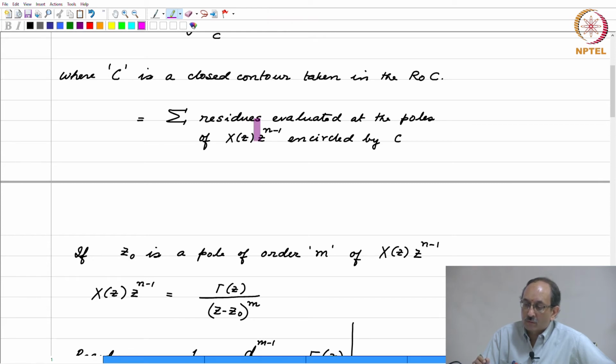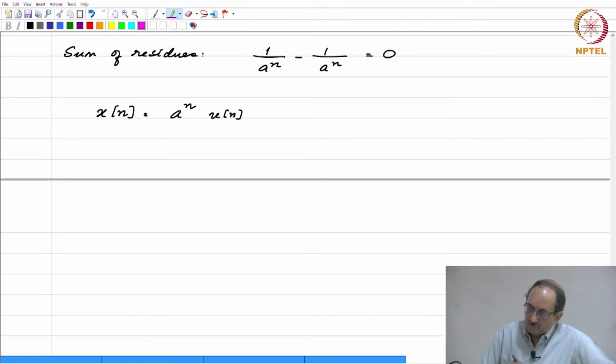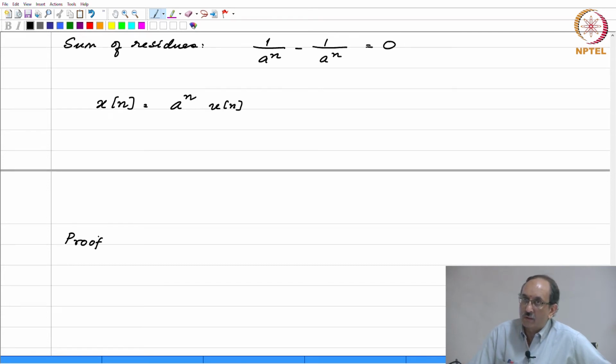Therefore, you are not really doing any contour integration, you are using the residue formula, and the residues are easy to find when x of z times z to the n minus 1 is rational. Now, what we will do is, we will show that the inversion integral is indeed correct in the sense that it gives you x of n back.